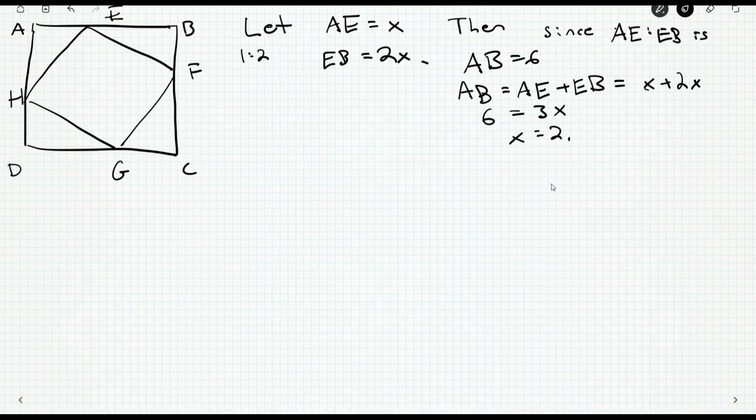Then, rather than having to calculate all the other ones out, I might simply say something like, similarly, BF, CG, these are all the same length.